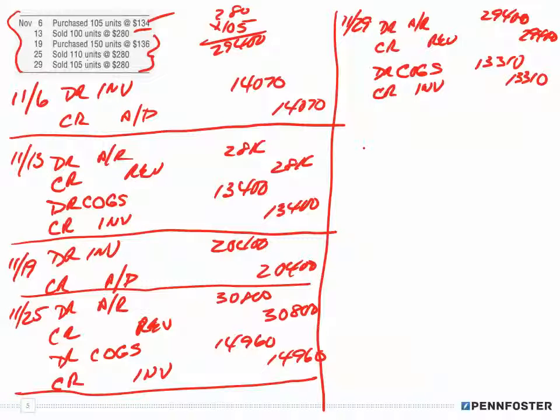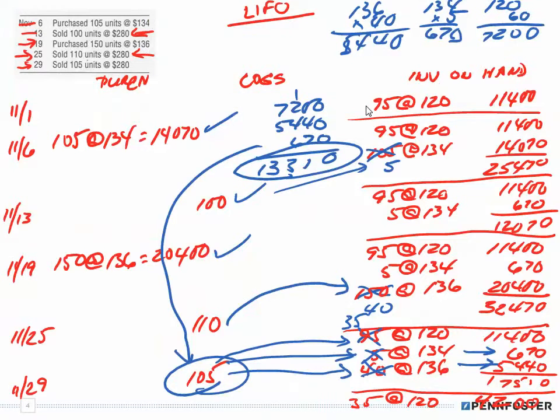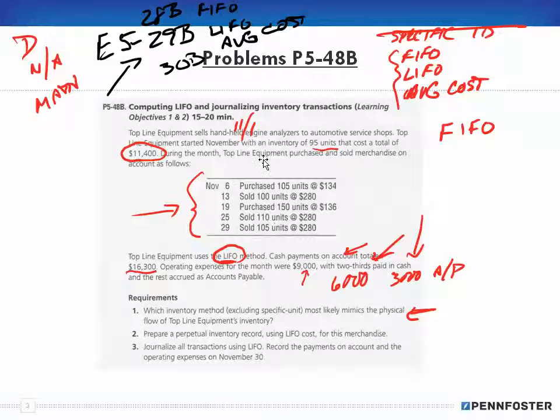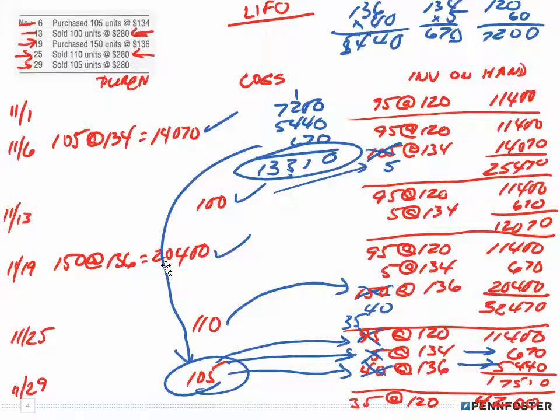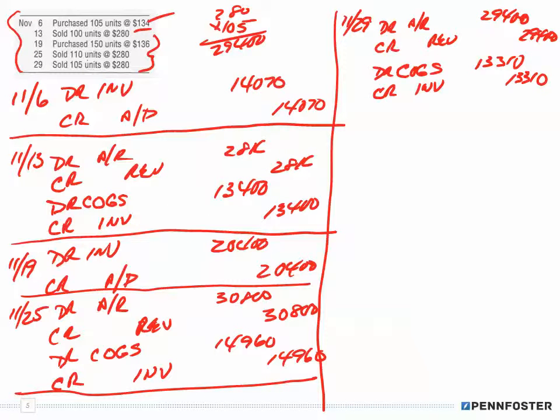Okay, now the instructions also say record the payments on account and the operating expenses on November 30th, right? So it's telling me my cash payments on account total 16,300. So on November 30th, my cash payments on account, all right?